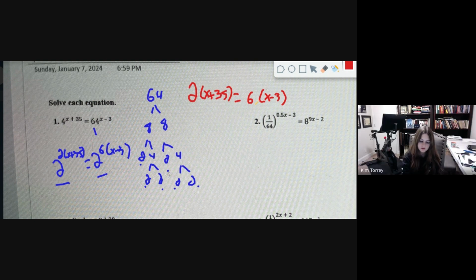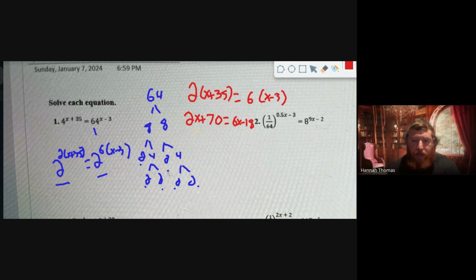Okay. So then it would be 2x plus 70 equals 6x minus 18. So then you would do plus 2x plus 2x plus 18. Why are you adding the 2x? Oh, don't you bring it to the other side? Yeah, we want to subtract it because it's positive.